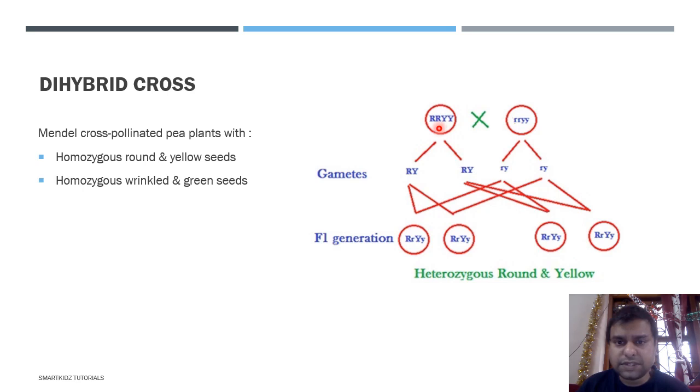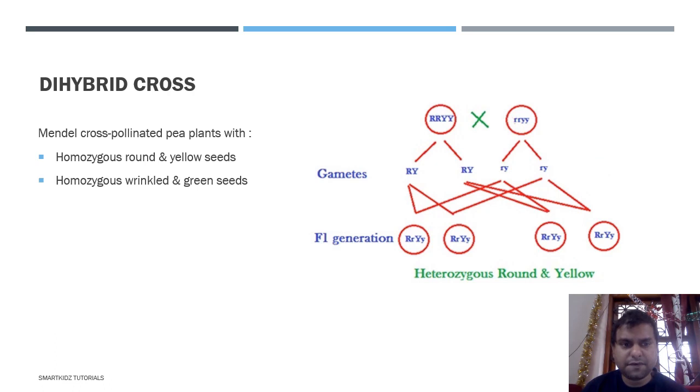Round seeds were denoted by capital R, and yellow seeds were denoted with capital Y. But the wrinkled seeds were denoted with a small r, not W, but small r, to show that it is a recessive trait of this dominant characteristic, that is round seed. Similarly, for green seeds, it was not shown as capital G or small g, but instead as small y.